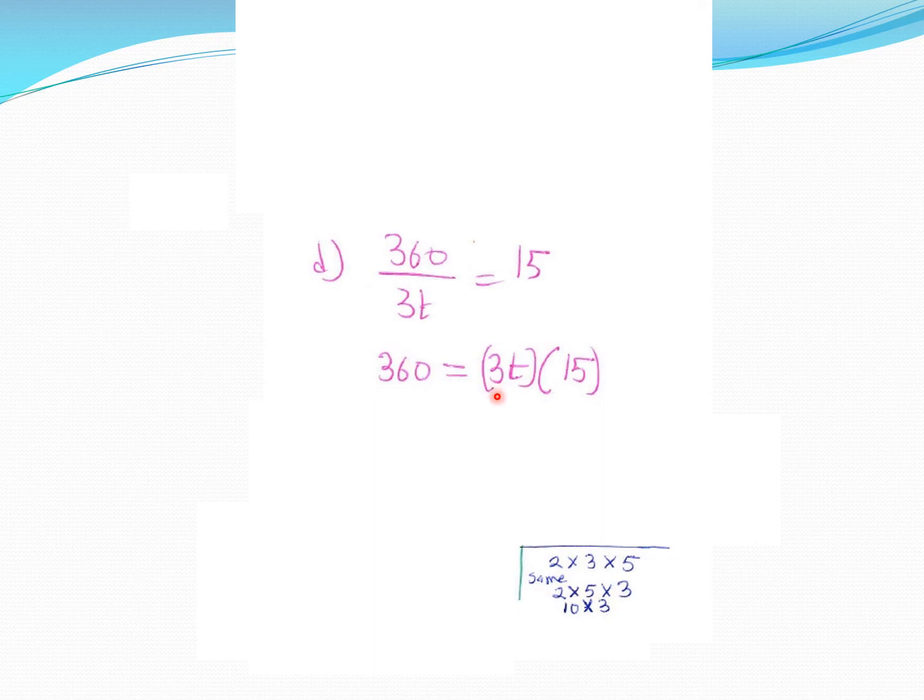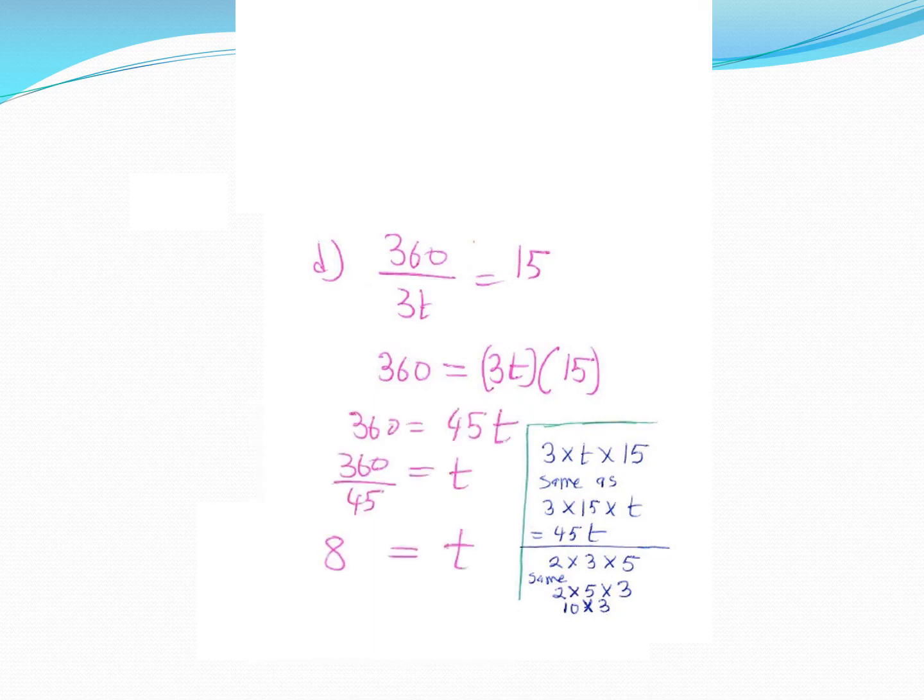So we're going to say 3 times 15 times t. So 3 times t times 15 is the same as 3 times 15 times t. But what's 3 times 15? It's 45 times t, and we can write it as 45t. So this right hand side can be rewritten as 45t.